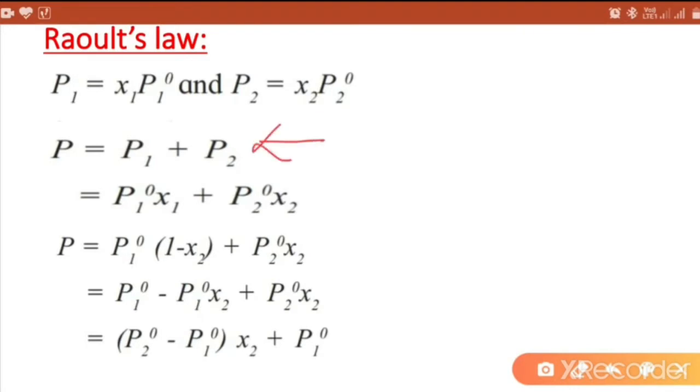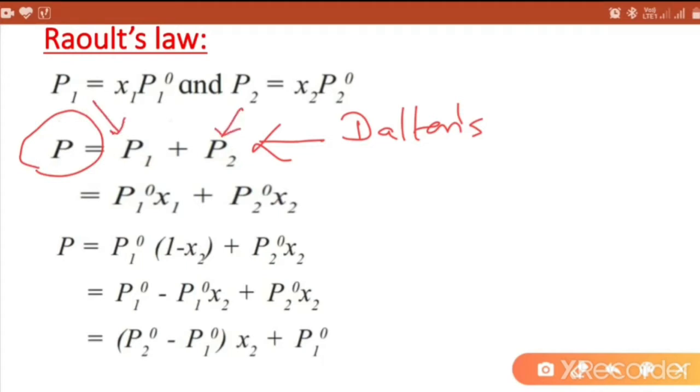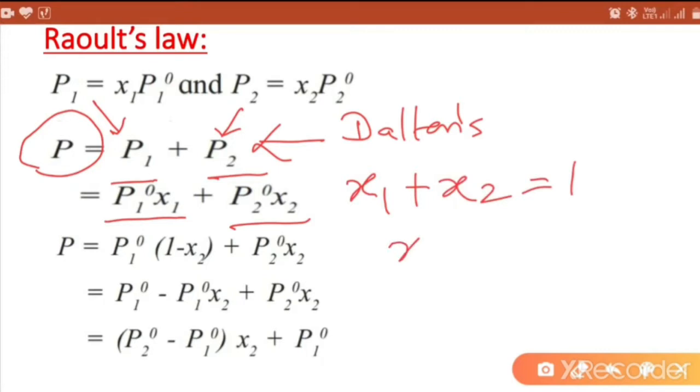And we know according to Dalton's law of partial pressures, total pressure is equal to the sum of all partial pressures. So this is P1 and this is P2. These values are substituted: capital P is equal to P1 plus P2, which becomes P10x1 plus P20x2. We know x1 plus x2 is always 1, therefore x1 becomes 1 minus x2.